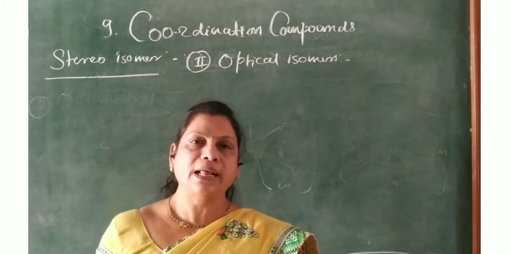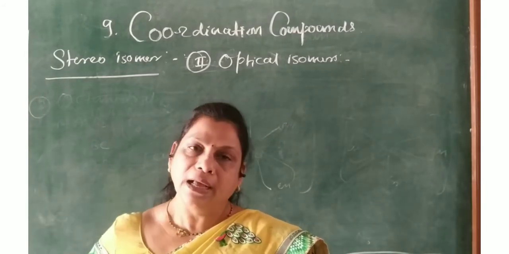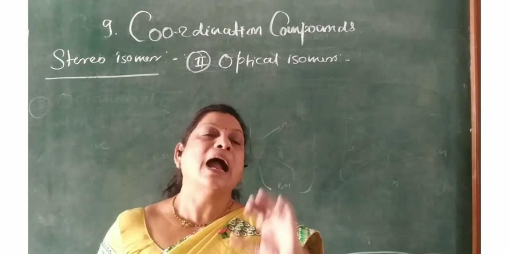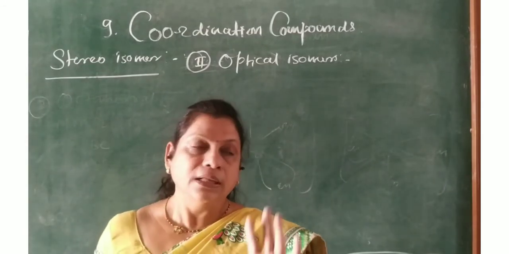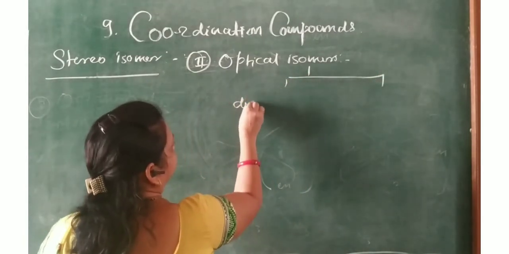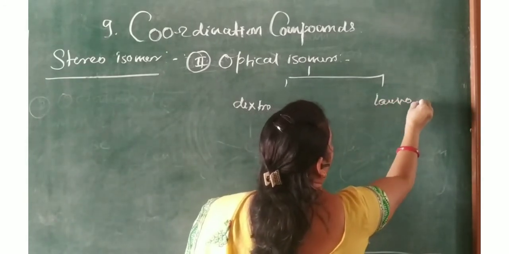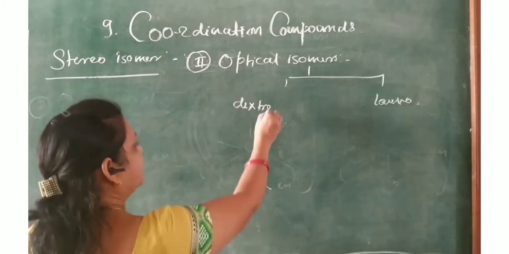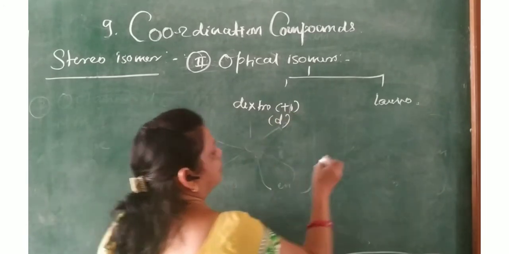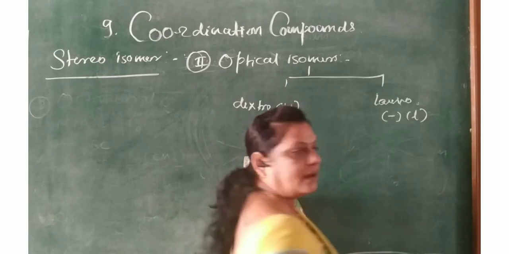One rotates plane polarized light towards right, whereas another rotates plane polarized light towards left. These are non-superimposable mirror images of each other, and they are called enantiomers. These are of two types. One is dextro and another is laevo. Dextro is represented by plus sign or small letter d, and laevo is represented by minus sign or small letter l.